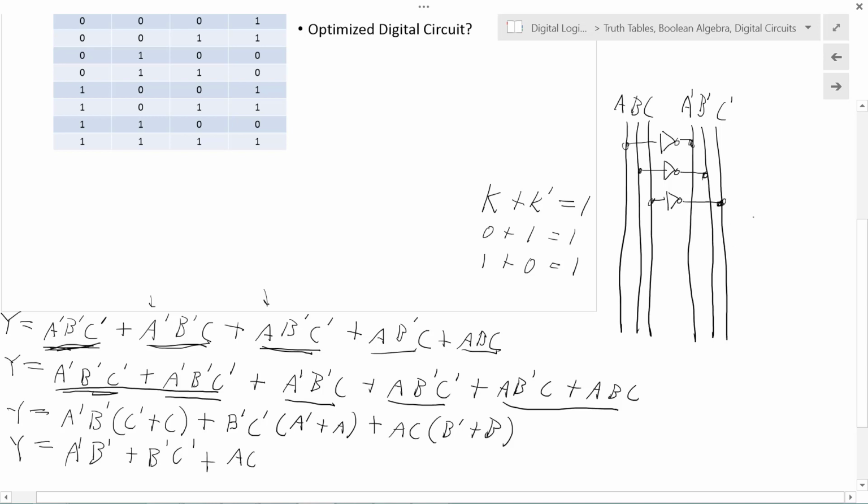We have our layout here, and we need 3 AND gates for 3 terms. So let's start with A prime, B prime. Covers this term here. Then we'll do B prime and C prime, excuse me.